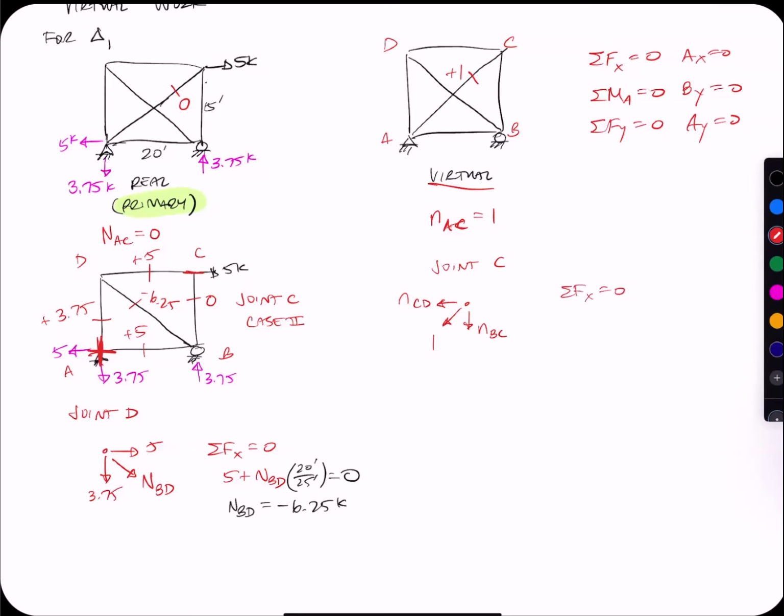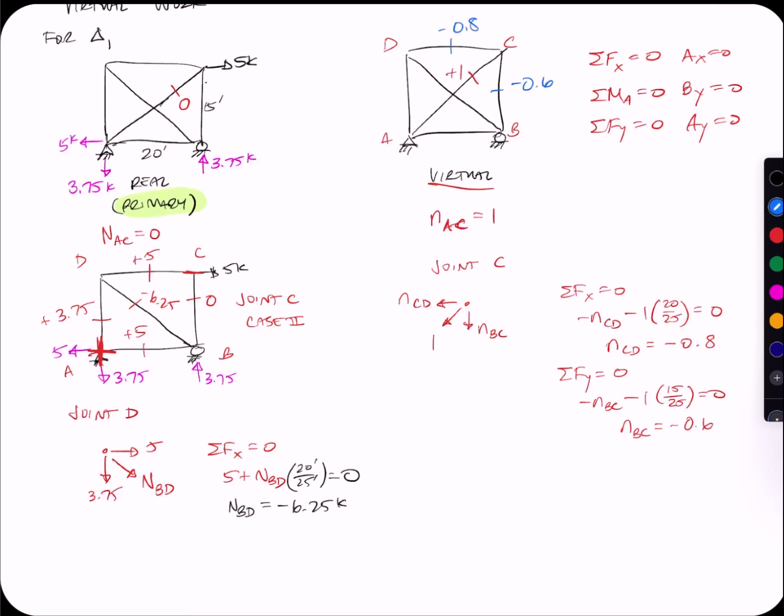Sum forces in X: -1 times 20/25, and nCD is -0.8, and sum my forces in Y: -nBC - 1 times 15/25, nBC is -0.6.